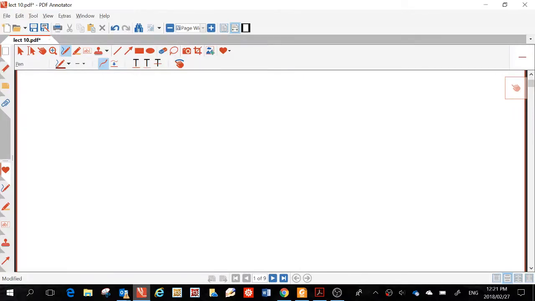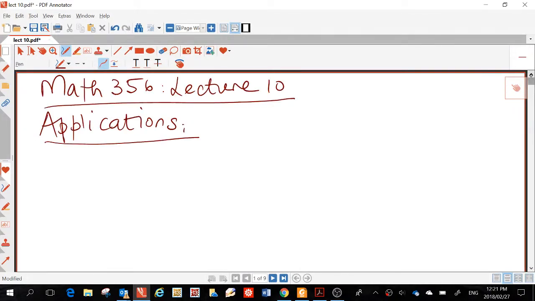Welcome to our lecture number 10 in our series in the study of Fourier series and also complex analysis. This course has got two parts actually, but both are linked. Therefore, we have to do them in a certain order. Now, we've developed the mechanism to find the Fourier series.